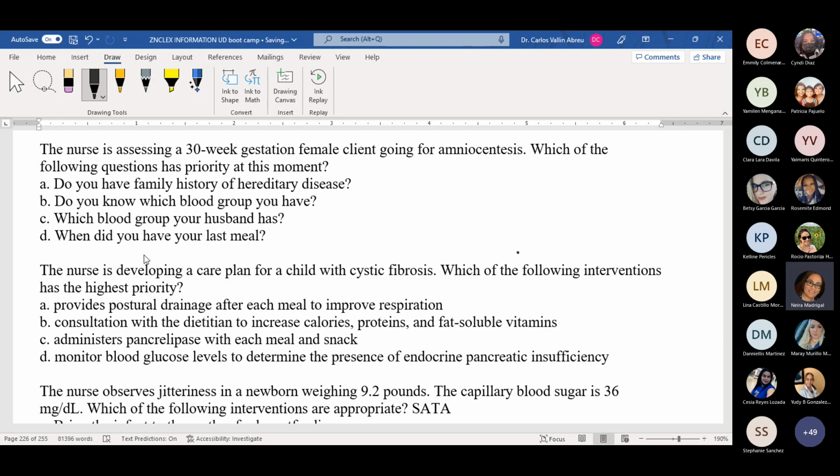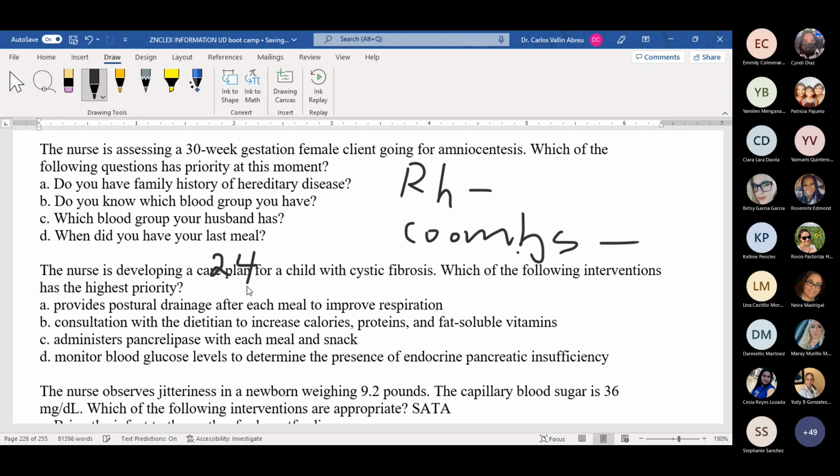Professor, one question. Always when she is pregnant, she has to receive the Rogan? If she is Rh negative and Coombs negative, she must receive Rogan in the middle of the pregnancy, around week 24.